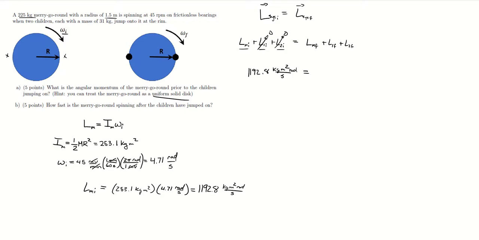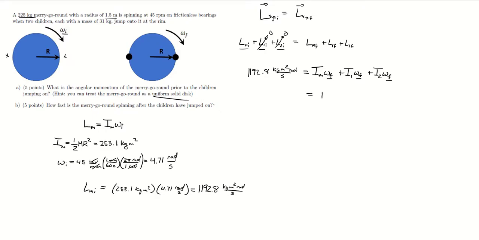We know the initial angular momentum of the merry-go-round at the start. The question is, how does that relate to the end? Well, we know it's all going to be equal. So it's the merry-go-round's moment of inertia times its final angular velocity, plus child one's moment of inertia times its angular velocity, plus child two's moment of inertia times its angular velocity. And since they're all spinning together, they have the same final angular velocity.